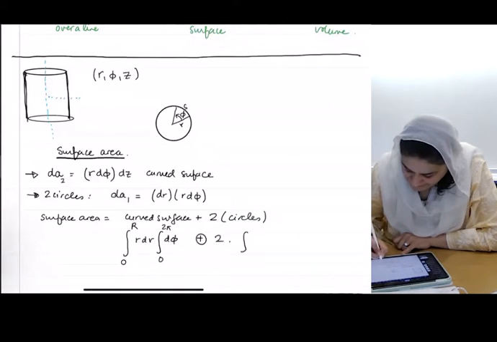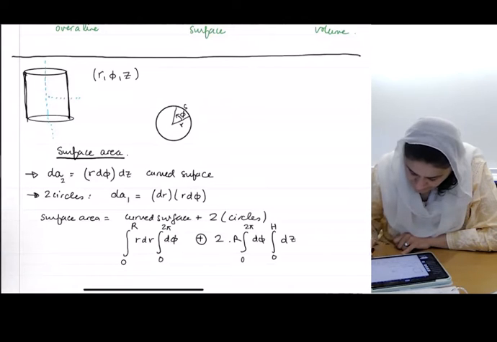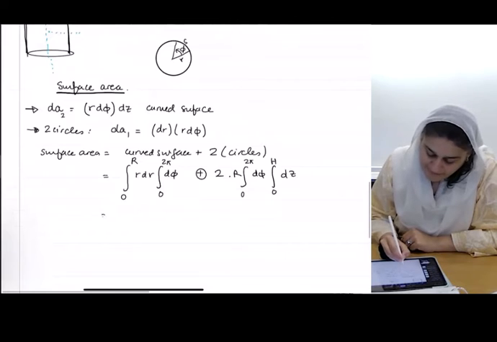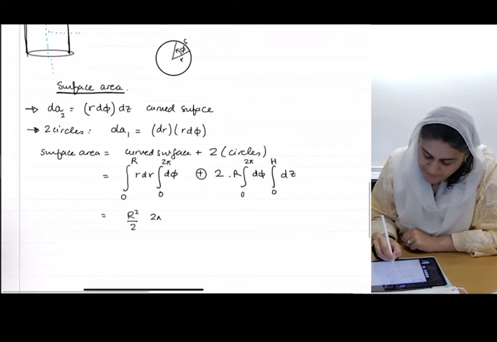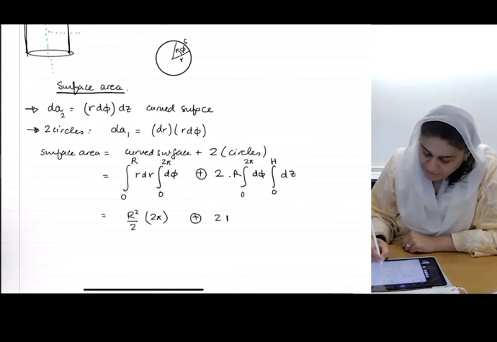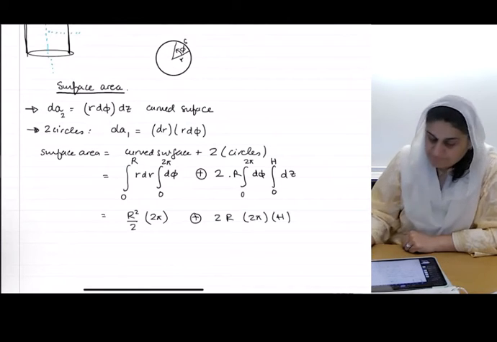For my circles, I will get 0 to 2 pi d phi and 0 to h dz, and r will come out constant. So what will I get here? R squared over 2 times 2 pi plus 2r 2 pi h.